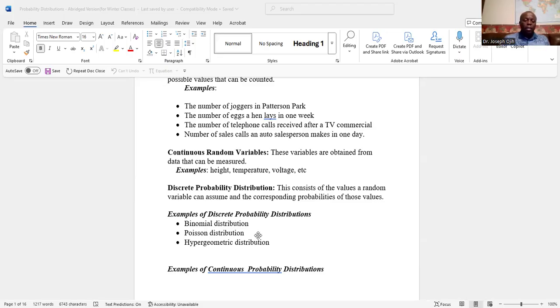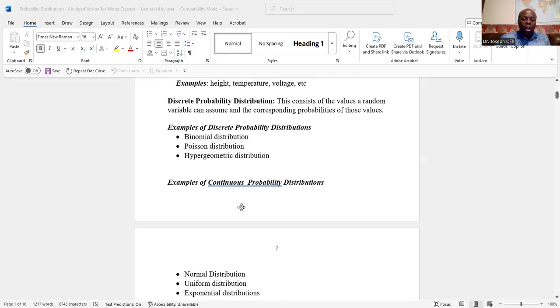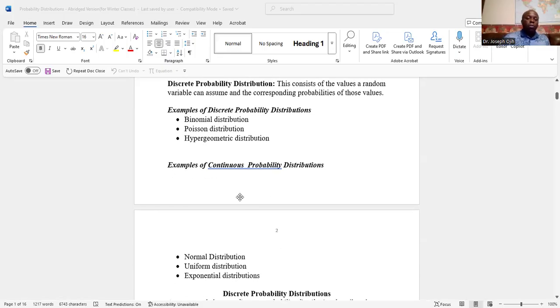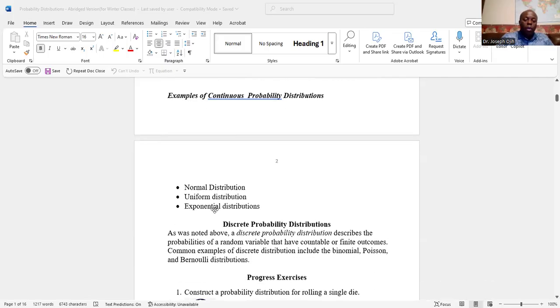Now, we also have continuous probability distributions. Those ones like normal distribution, uniform distribution, and exponential distribution. Our focus will be more on the normal distribution and the uniform distribution. We're not going to do those this week, but next week.